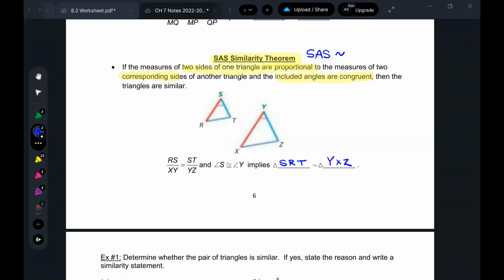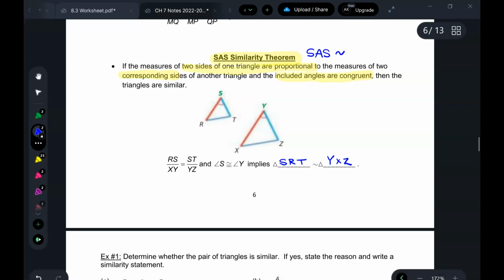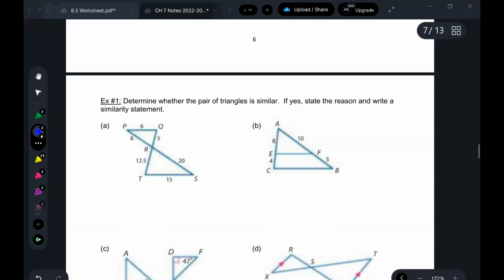Okay, so those are the 3. There's only 3 that we need to know. So here, it's angle angle similarity, side side side similarity, or side angle side similarity.